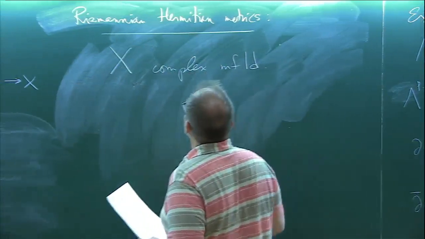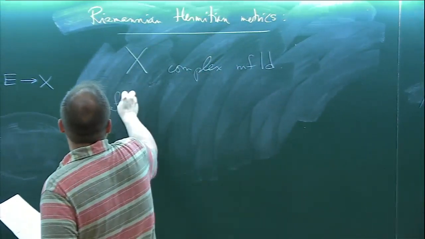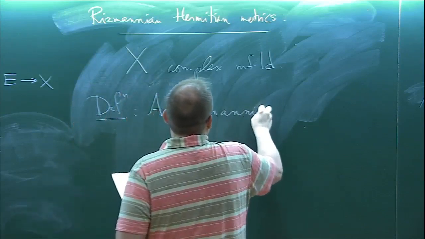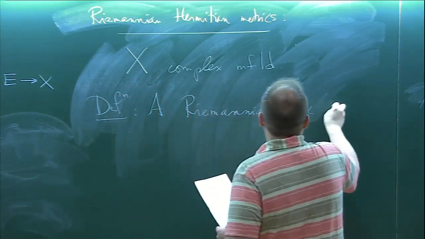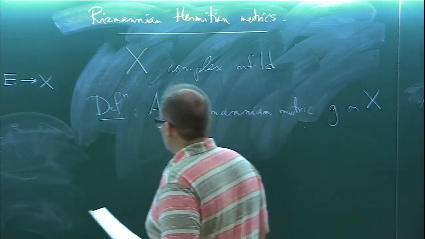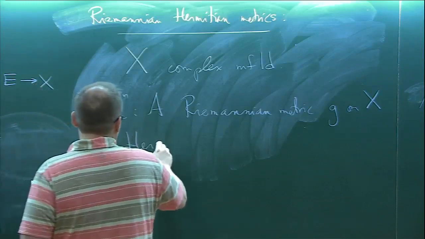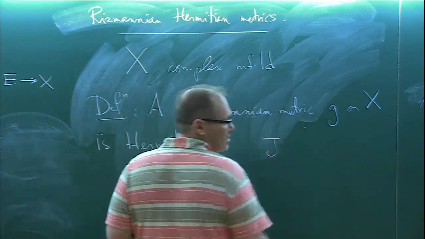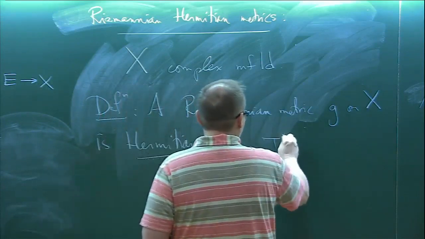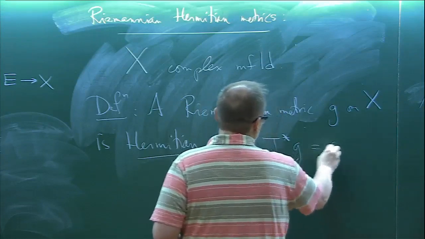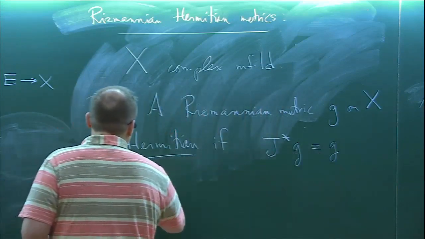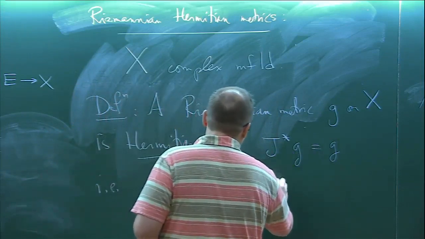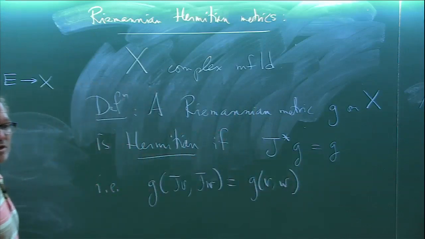Definition: a Riemannian metric G on X is Hermitian if, when you take this operator J that we introduced before and you pull back this G, it doesn't change. What that means is G of JV, JW is G of V and W. So that's what Hermitian means.